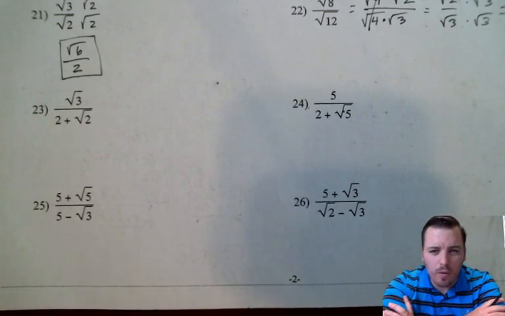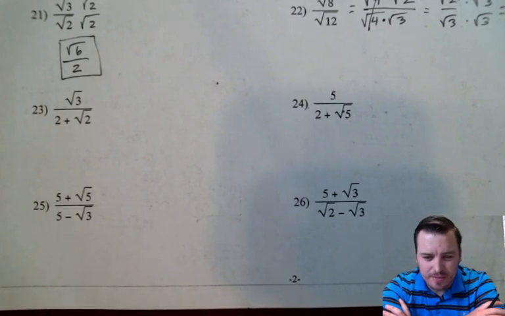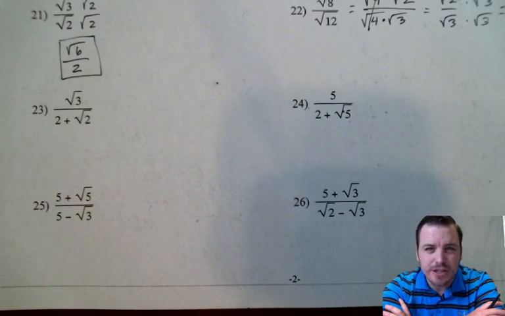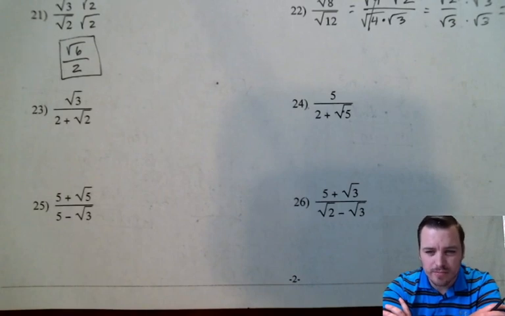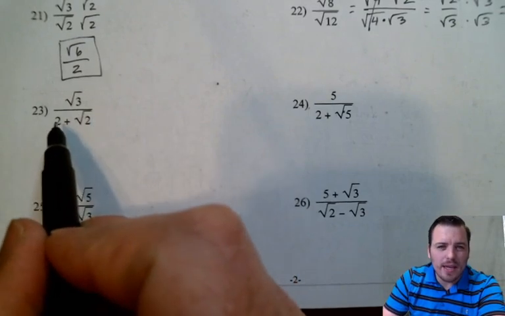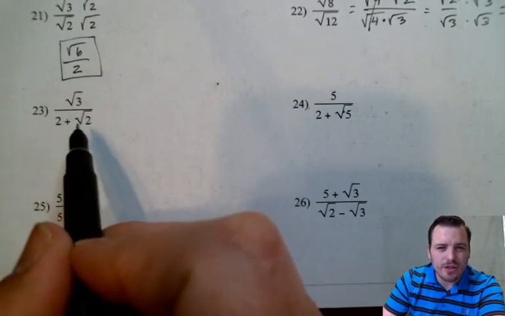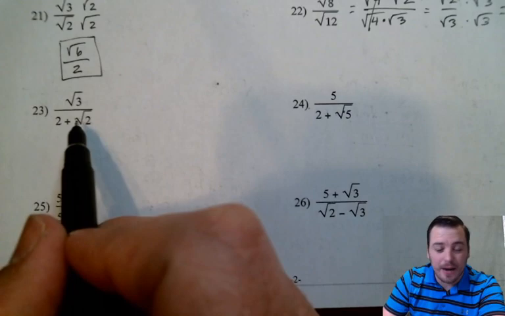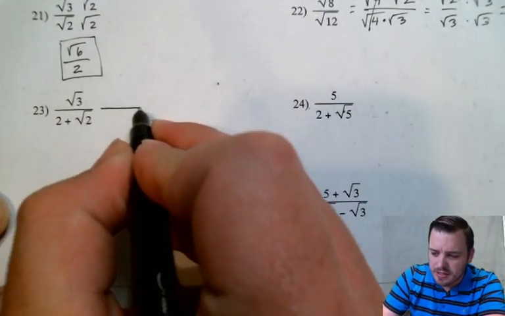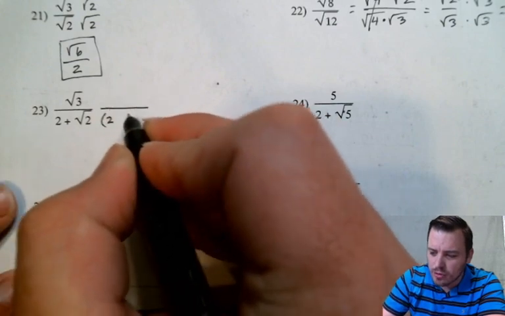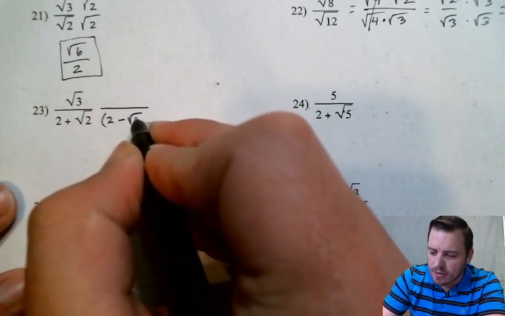This is where that whole complex conjugate thing comes back in. We did that with imaginary numbers. We're doing it now with simplifying quotients with radicals in them, or division problems with radicals in them. All right, so the only thing to multiply by to get that radical 2 out of there would be the complex conjugate, which in this case is 2 minus radical 2.